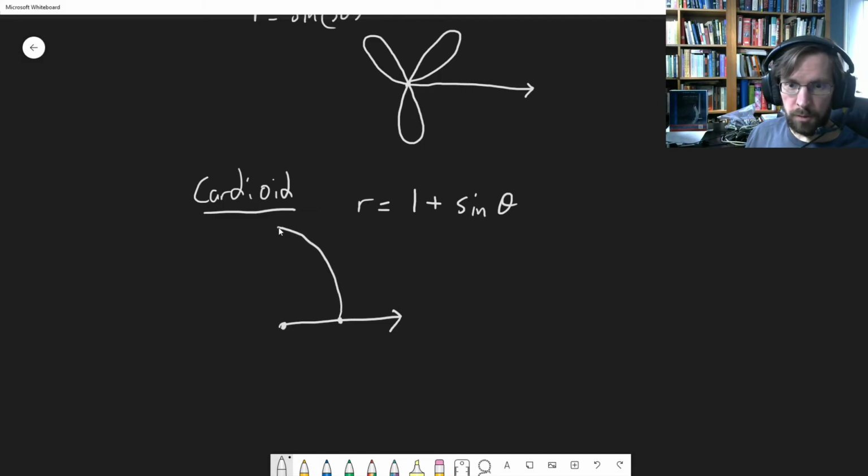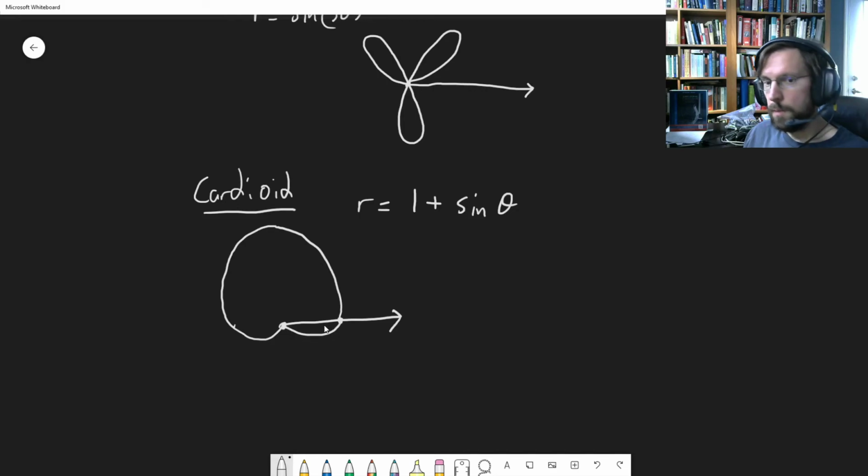Then it's going to decrease in more or less a mirror fashion until we get down to pi. And we end up with something that looks like this. Okay, so this is a picture of the cardioid.